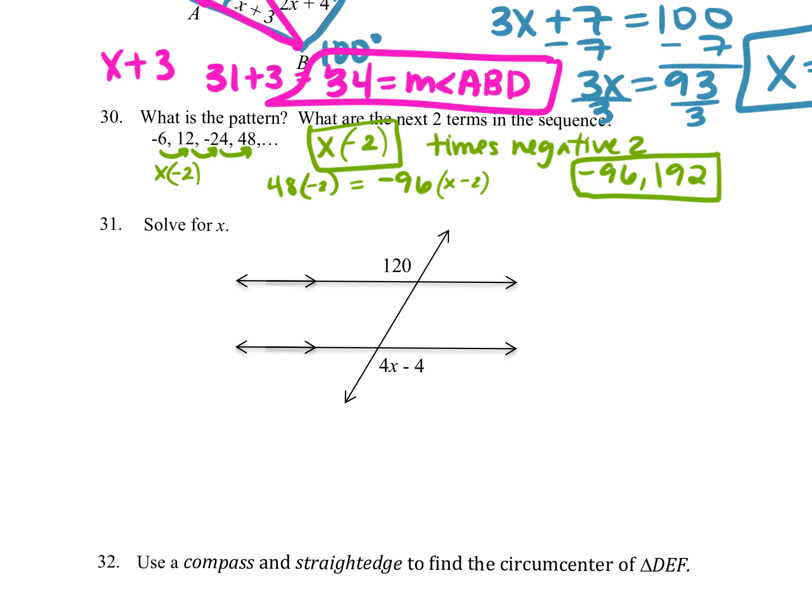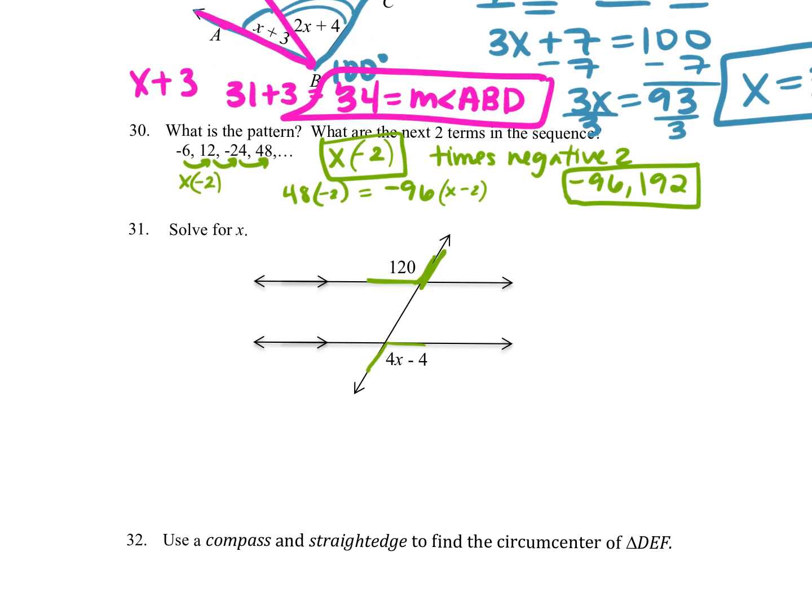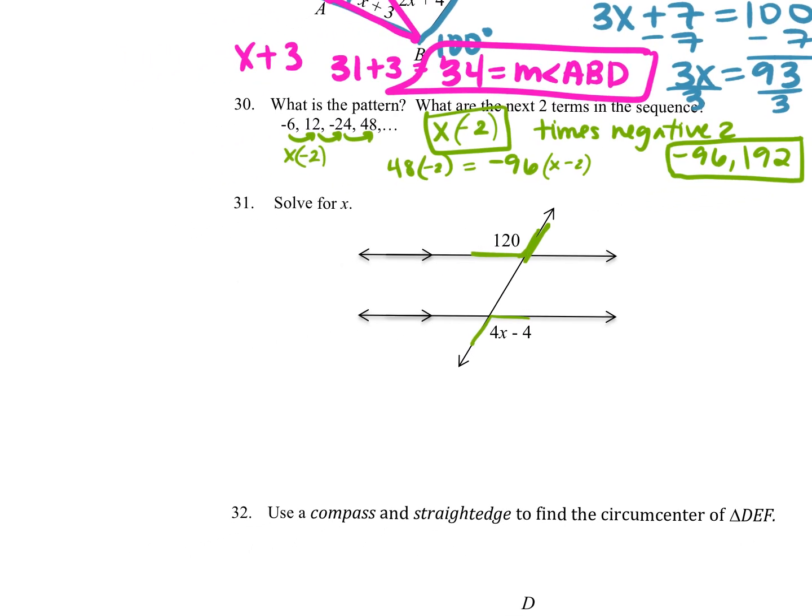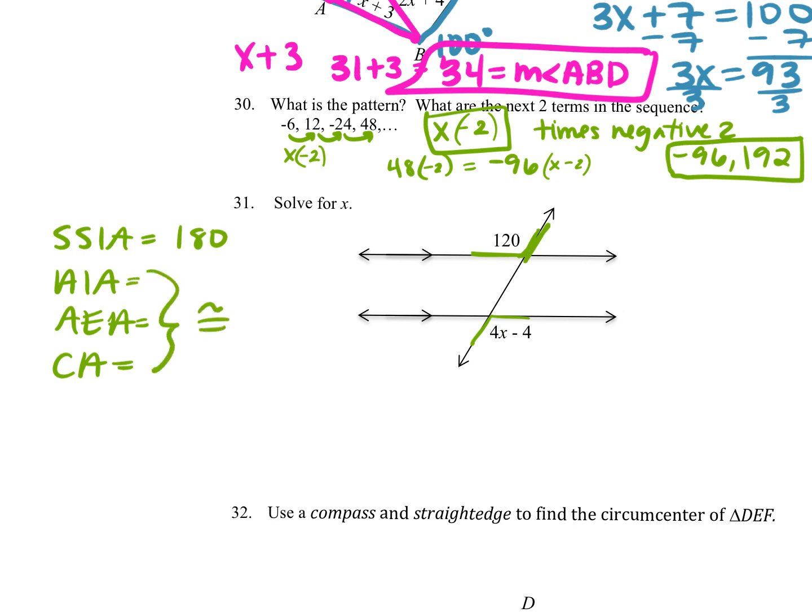Okay, 31. These are what we call alternate, opposite sides, right? And then exterior angles, and alternate exteriors are congruent. Maybe you want to make a chart. Same side interior angles have to equal 180, but alternate interiors, alternate exteriors, and corresponding angles are all congruent to each other.